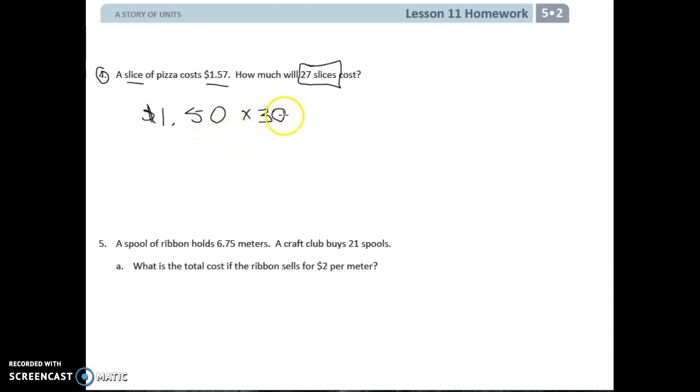So one way to do it is just to think about the zero later. We know that 3 times $1 is $3, and we know that 3 times 5 is 15. If it's 50 cents plus 50 cents plus 50 cents, that's another $1.50, isn't it? So we know that 3 times 1 is 3, so $1 times 30 is $30.